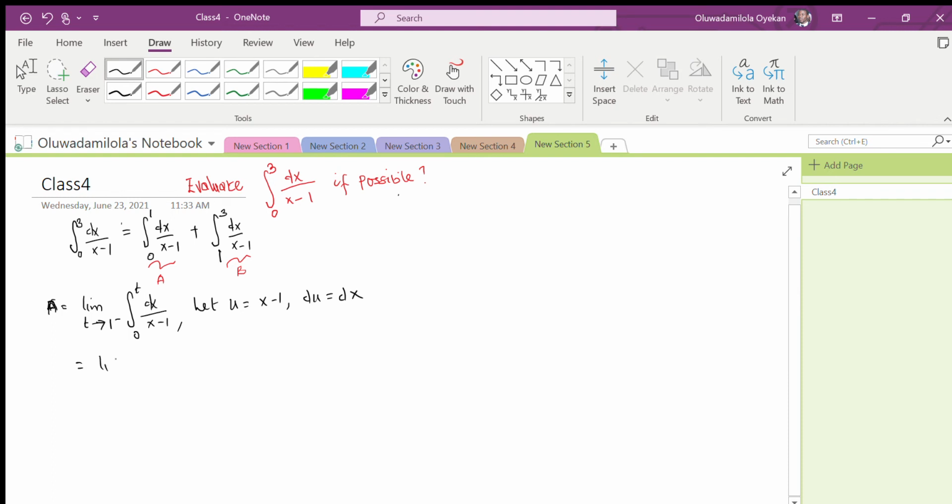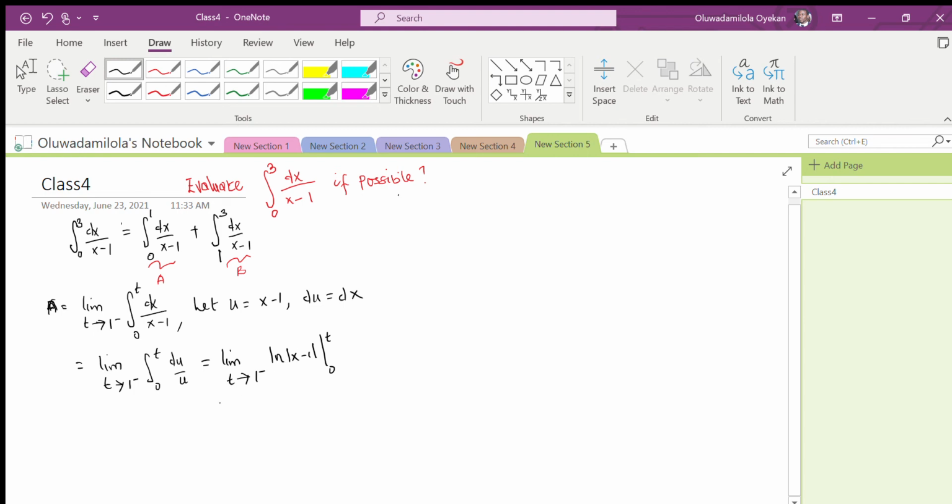I have the limit as t goes to 1 minus of the integral of du over u. You can change the limit points, or you can just leave it like that; whichever way, it still works fine. So this is the limit as t goes to 1 minus of ln u, and our u is x minus 1, so I return that back, with the limit points.